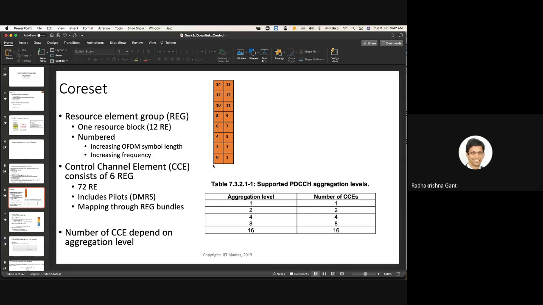You number the resource blocks first in increasing order of the symbols and then in increasing order of the frequency. So you number them 0, 1, 2, 3, 4, 5, 6, 7, 8, 9, 10, 11, and so on. So this is how you number the resource element groups in a core set.